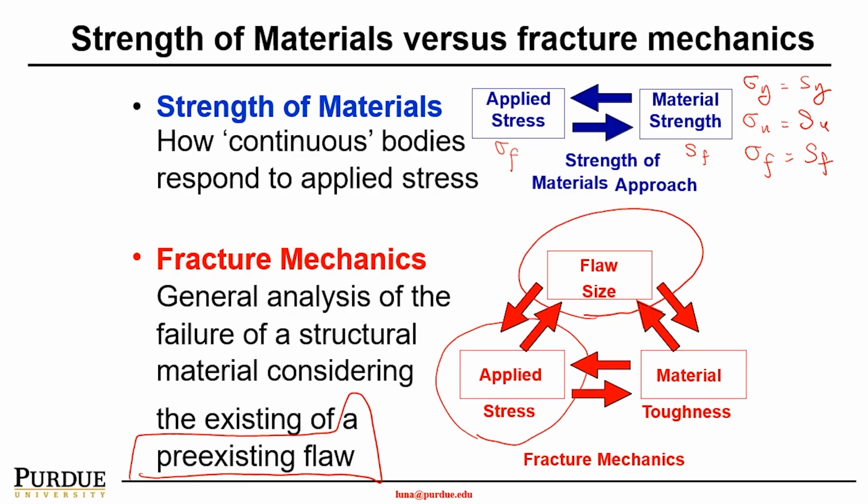And then we have to think about the material toughness: what is the material's intrinsic ability to resist fracture? Those are the very important concepts. So fracture mechanics is a discipline to mathematically study the interdependent relationship between those three parameters.